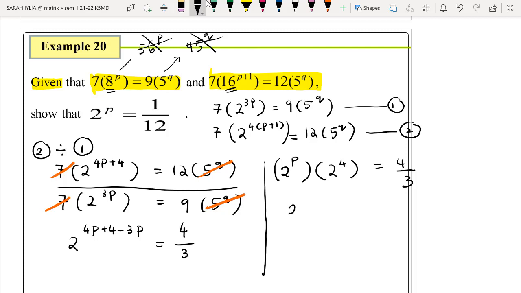So, dia duduklah kat bahagian kiri ni seorang-seorang. Apa jadi kat 2 kuasa 4? Kenalah bawa pindah. So, dia akan jadi 4/3 darabkan dengan 2 kuasa 4 tadi berapa? 16. So, our final answer here would be 2 to the power of p is basically equal to 1 over 12. Itulah yang dia suruh show.